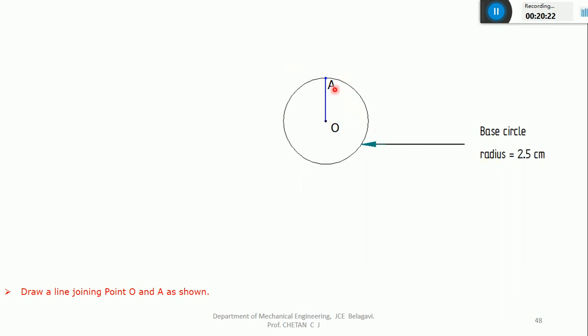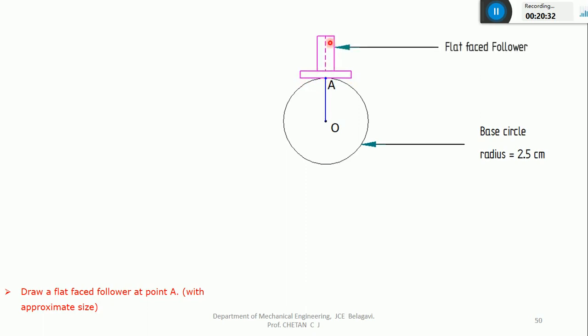After this, indicate the flat face follower with some width. Because the width is not given, you can take any length, and any height. After that I'll start indicating the angles. As I said, the cam will be rotating clockwise, so I'll indicate all the angles in counterclockwise.